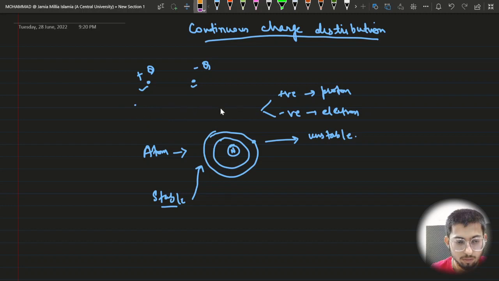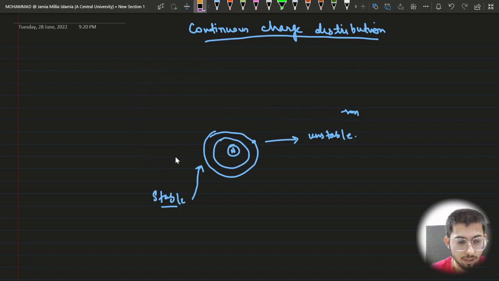So what we generally observe is an immense amount of charge at some point, in some space.